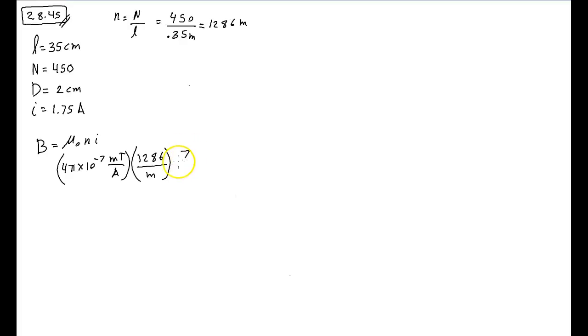Now the meters cancel, the amps cancel, and you're left with Teslas, which is what we wanted. The 4 can cancel here, so you're left with 7 pi times 1286 times 10 to the minus 7. What is that? 0.0028.